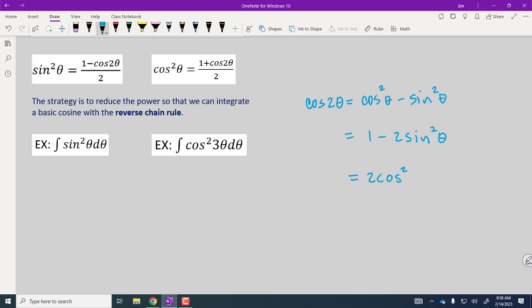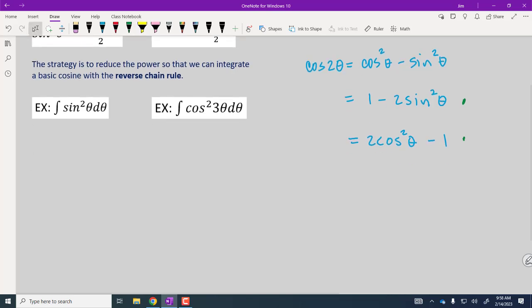And so if we replace sine squared with 1 minus cosine squared, the minus will end up with a negative in front of it, and we'll get that. So these two right here, these are where we get those. If you isolate the cosine squared, or you isolate the sine squared with the cosine 2 theta on the other side, that's where those two come from. So they come from the double angle for cosine.